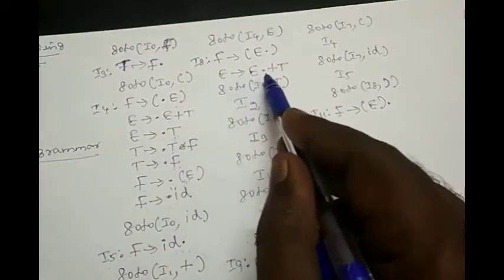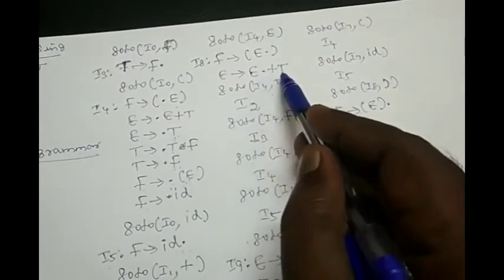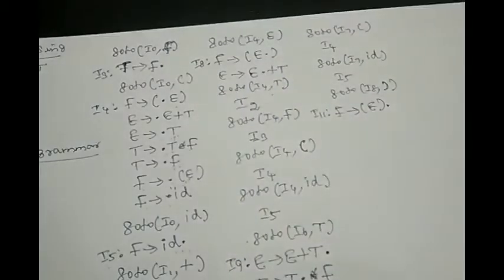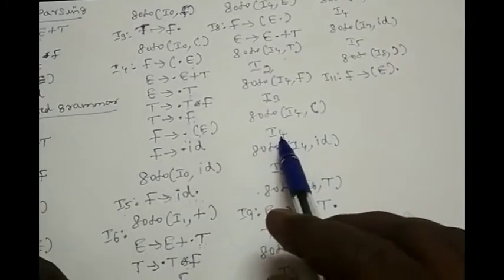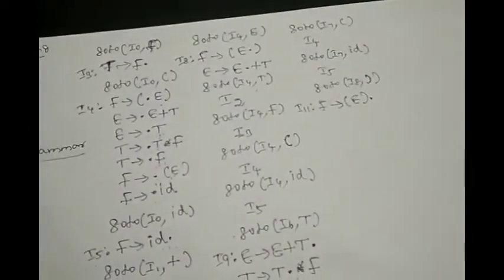Now we will process the last one here. I8 also has E tends to E dot plus T. When I place the dot one step after plus, it will be before T, then you have to include all T productions, then F, before F it will be, then you have to include all F productions. So I will get the same item set which is available in item set 6, and I don't want to repeat it.